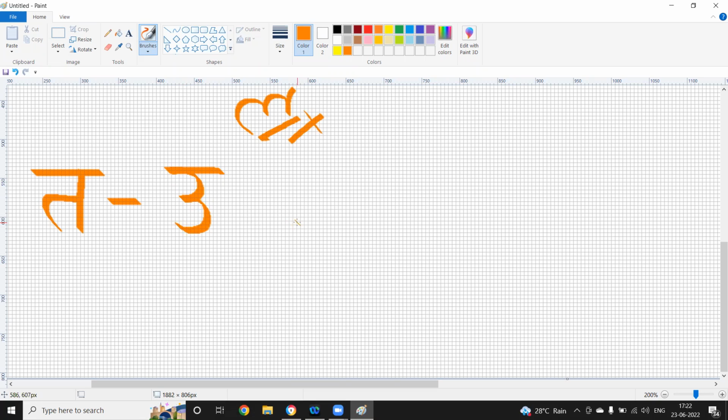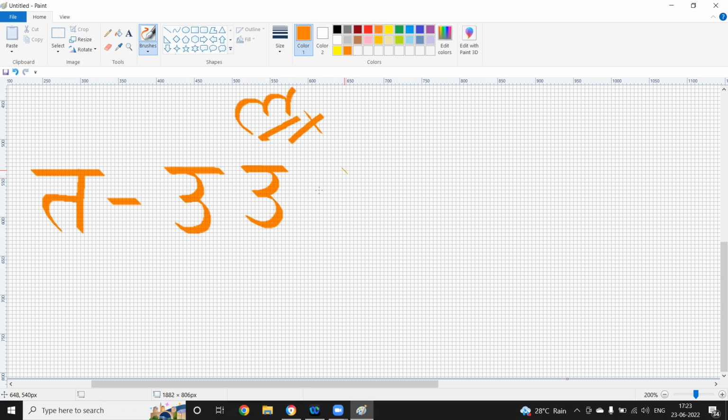This is the letter, and you will also find it in some manuscripts written without the Shirorekha, but most of the manuscripts have it with the Shirorekha. So we usually draw the Shirorekha on the top of this letter.